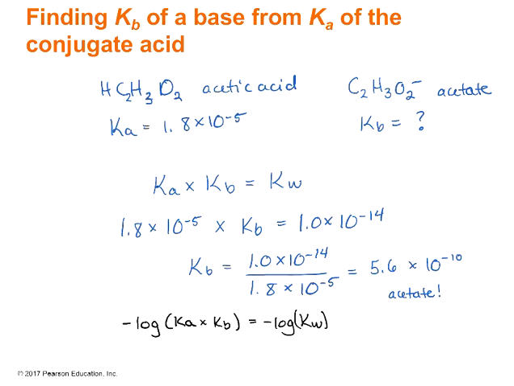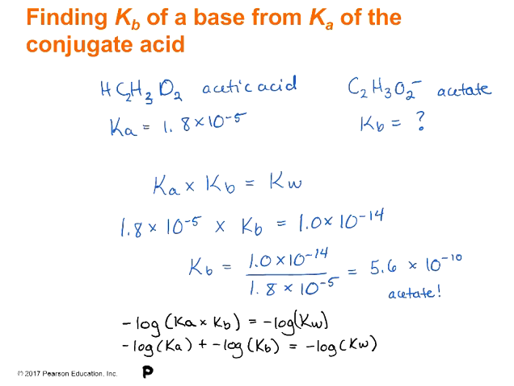What we end up with here is the negative log of Ka plus the negative log of Kb is equal to the negative log of Kw.